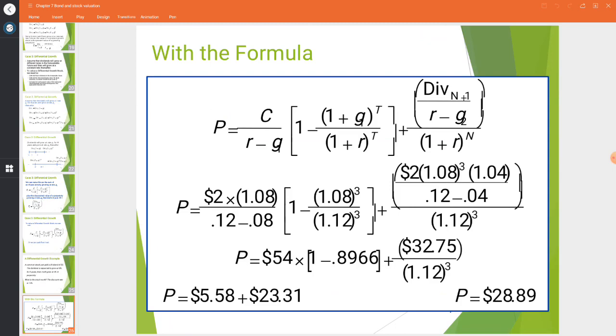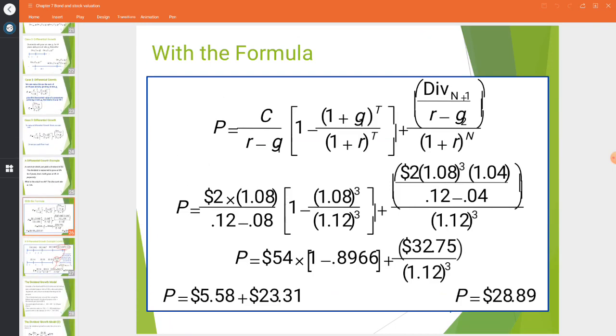By taking a sum of the two parts, we could say that the BV of the stock is 28.89, and this is how we could estimate the differential growth stock example.